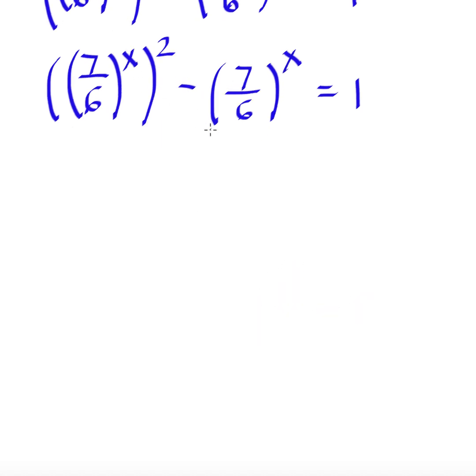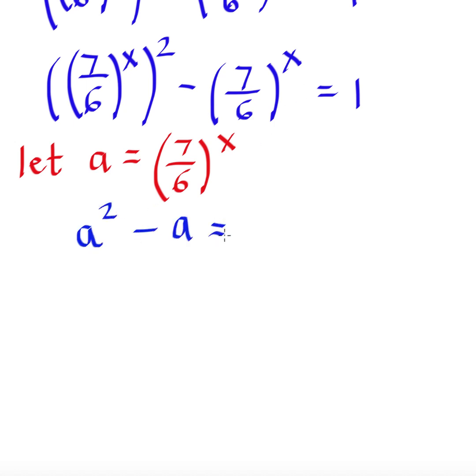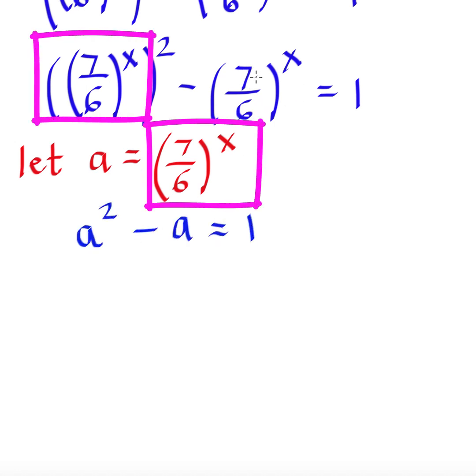Now the beauty of this is, notice now that you have here the quantity 7 over 6 raised to x, and you have here the quantity 7 over 6 raised to x, which are the same, and therefore using substitution, we can use a different variable. So let's say, if we let a be equal to 7 over 6 raised to x, then this expression can be written as a squared minus a equals 1, because the quantity 7 over 6 raised to x is a.